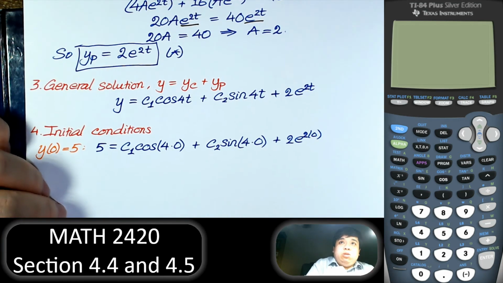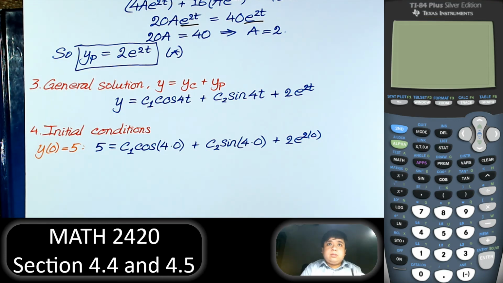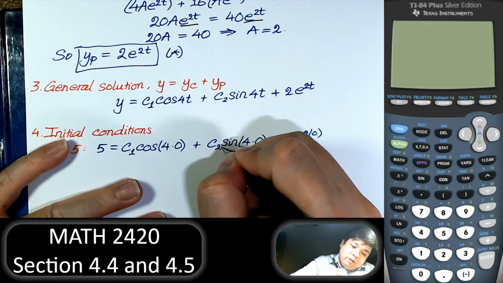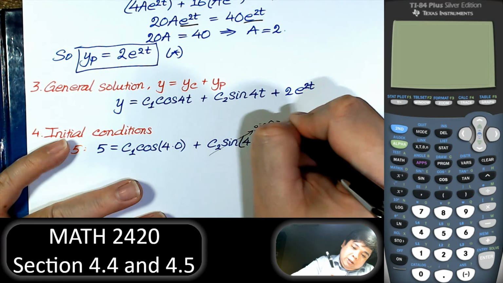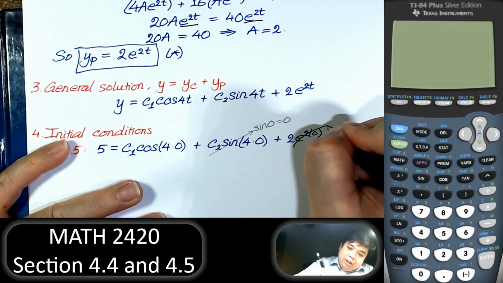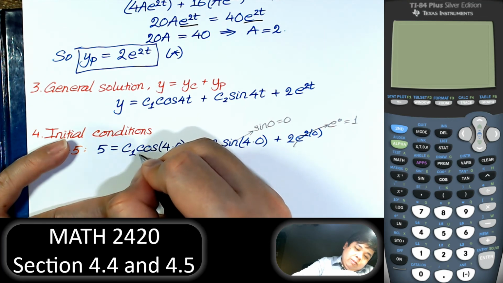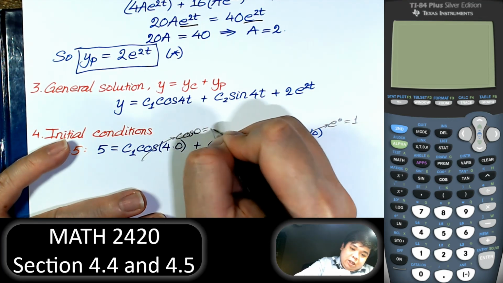Well, let's try to simplify what we have here. Sine of 0 is 0. E to the 0 power is 1. Cosine of 0 is 1.